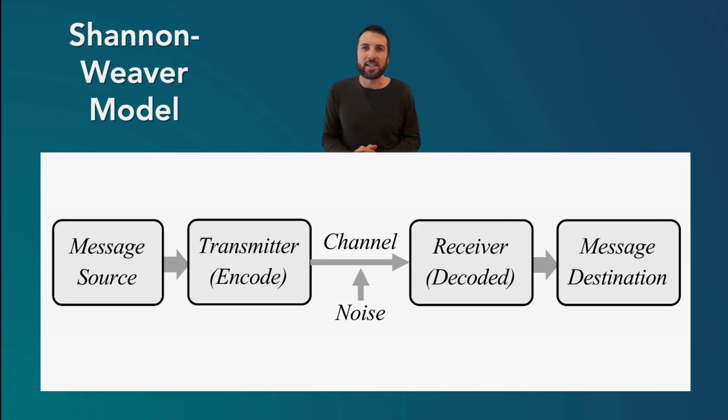This is then sent to a transmitter, encoded, sent over a channel, then received, decoded, and then sent to a destination. An example of this could be a radio tower. The message, like a song, for example, is encoded into the radio waves. It's sent as electromagnetic frequencies, and then a radio in your car or in the house can pick up those frequencies, decode the message, and give it to the destination.